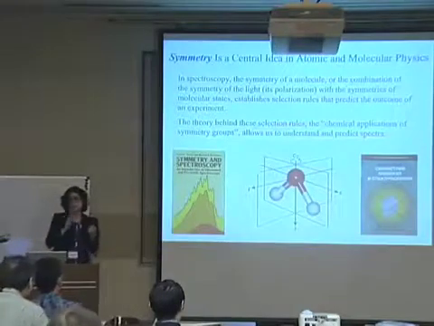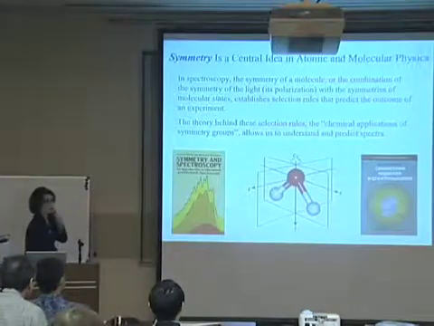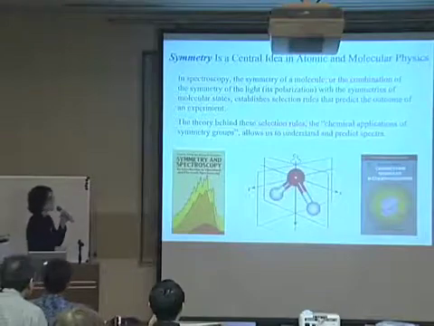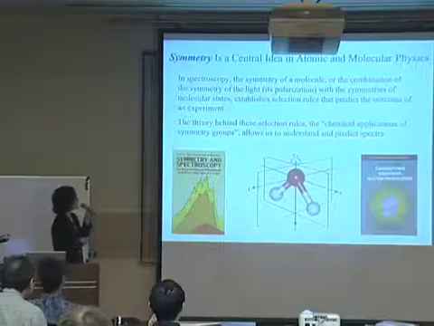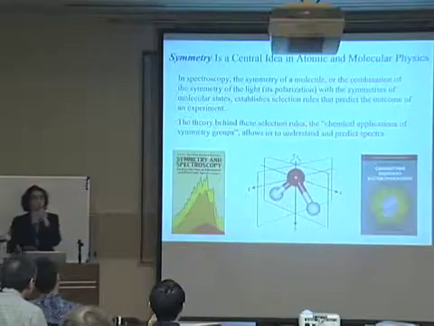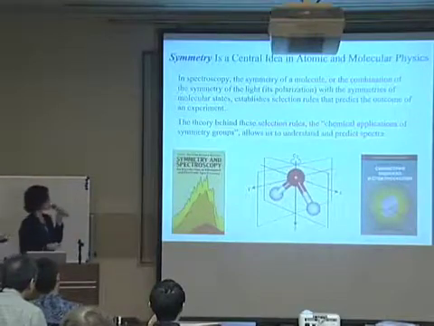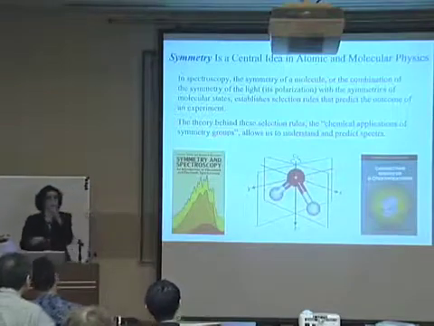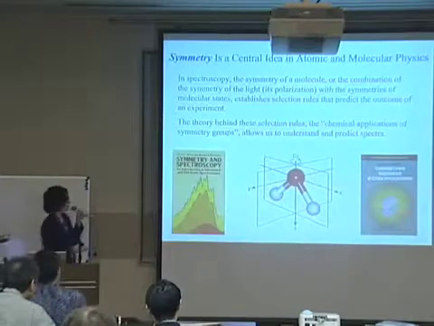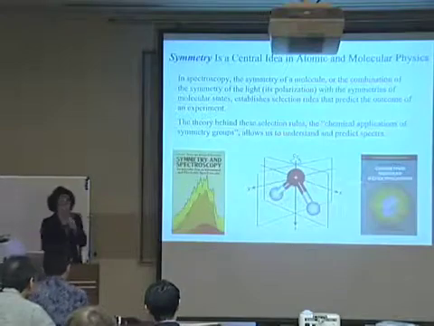It is so important that over the last 60 years or so, we've been teaching our students spectroscopy, atomic and molecular physics based on symmetry. So whether you're a student at Berkeley or in Moscow, you are likely to find textbooks that look like this.